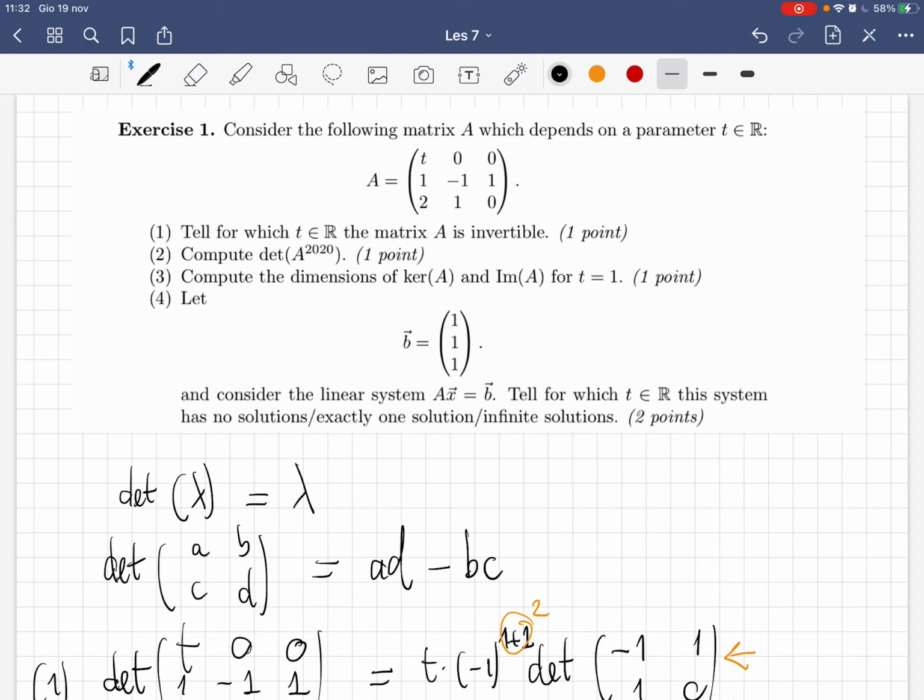You just have to look carefully at what you're asked for, and try to use what you know, and find the smartest way to achieve the solution of the exercise. So okay, that was it for the first one.